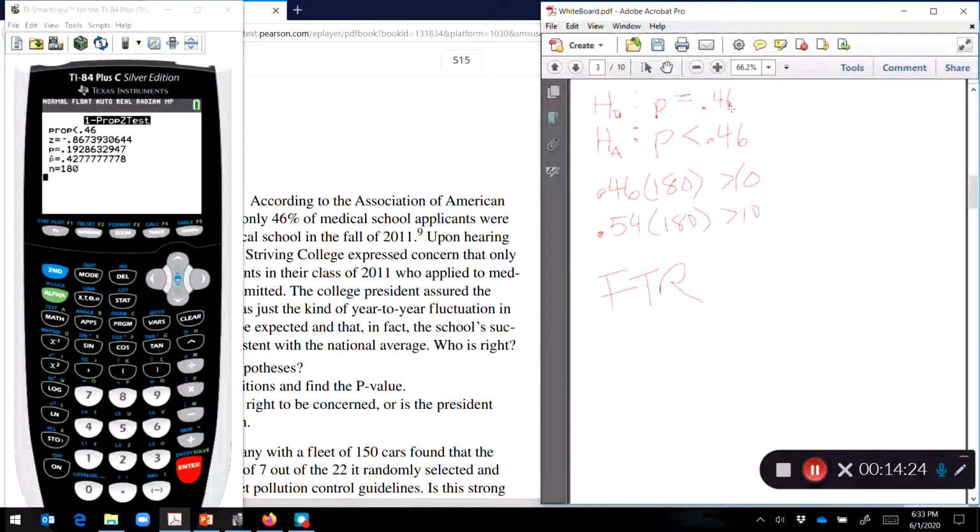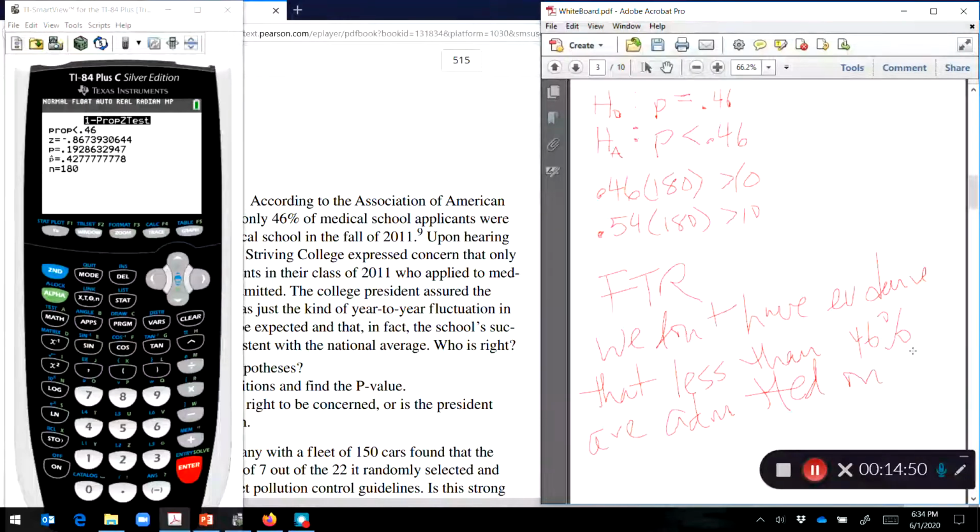What does that mean? I can't say this is wrong. So we do not have evidence that less than 46% are admitted on average across all the years.